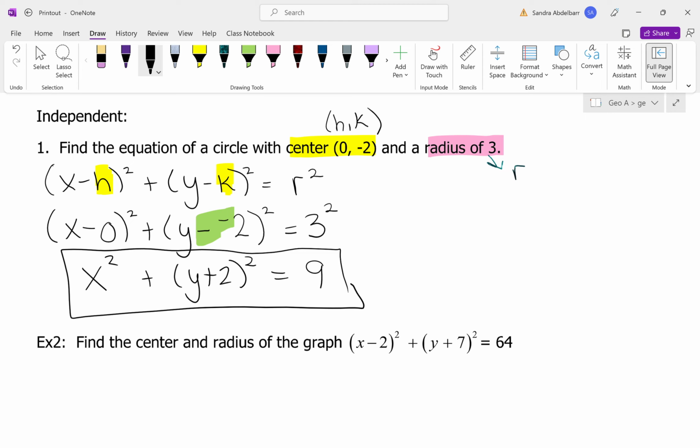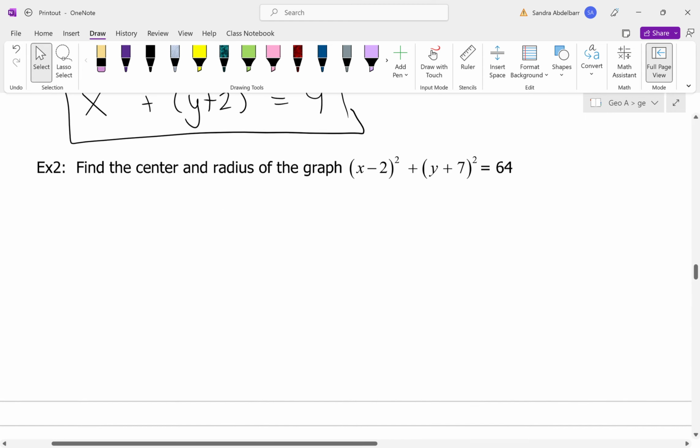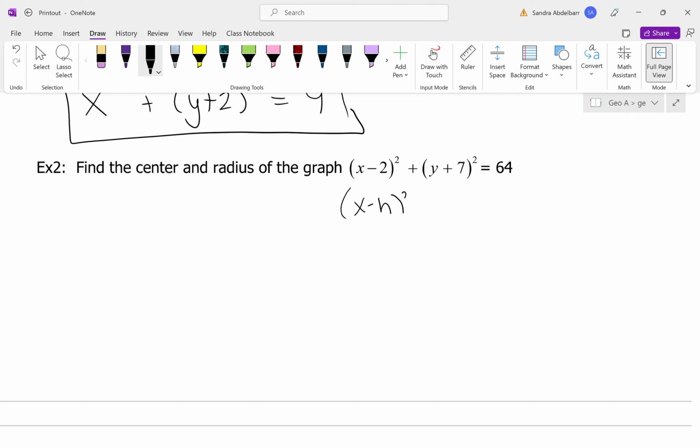All right, let's go on to example 2. Find the center and the radius of the graph. All right, well, this is (x - h)^2 + (y - k)^2 = r^2. We know center is h comma k, and the radius is r.